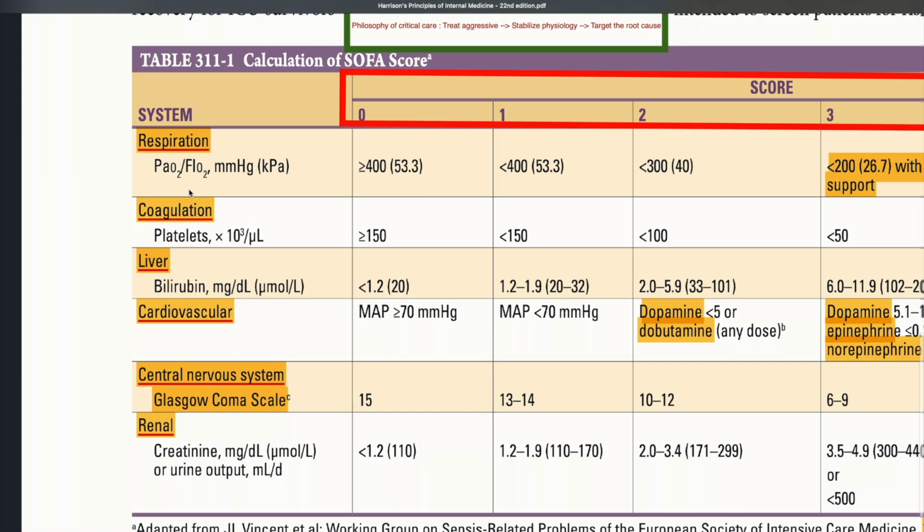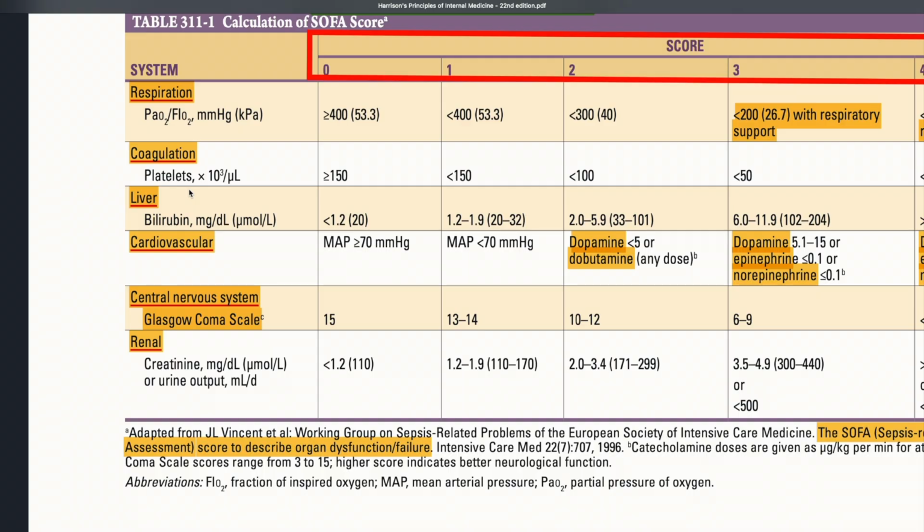So the respiration is based on partial pressure of oxygen divided by fraction of inspired oxygenation. And coagulation is based on the platelet count. Liver system is based on the bilirubin levels, and the cardiovascular is based upon the mean arterial pressure and vasopressor requirement.